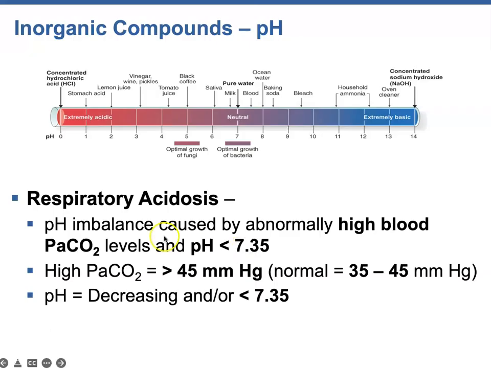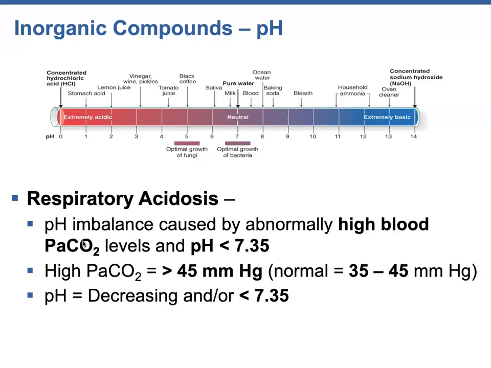And the problem is that we are building up too much carbon dioxide. So when you look at this PaCO2, what this says, it means the percentage of carbon dioxide gas arterially. So how much carbon dioxide is circulating through our blood? Just think of it as carbon dioxide in the blood.